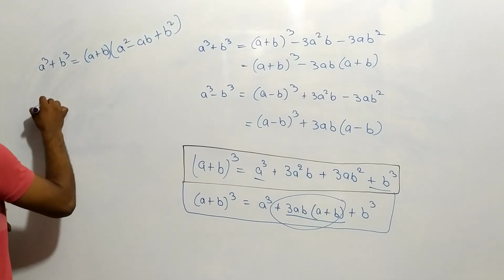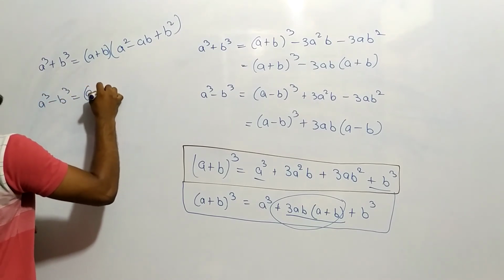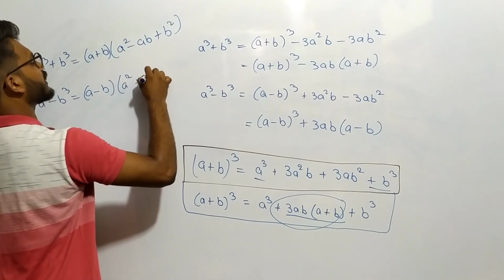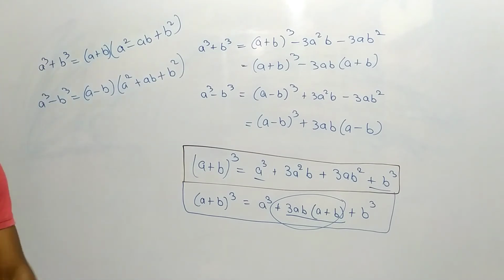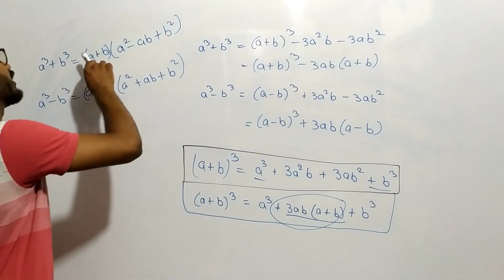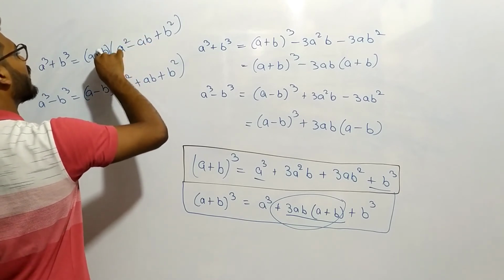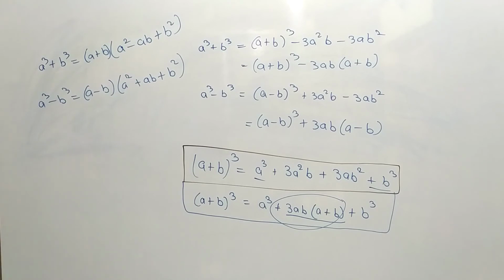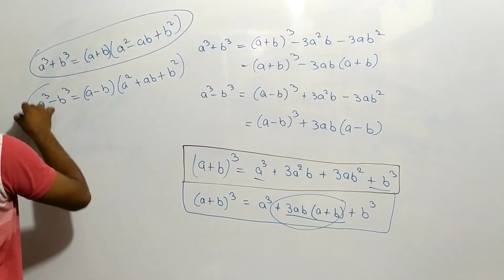And one more formula: a cube minus b cube is equal to (a minus b) into (a square plus ab plus b square). This is another formula. How will you get it? Multiply a into a square, a cube, a into a square b, a into ab square. In the same way, if you multiply the remaining, they will get cancelled.